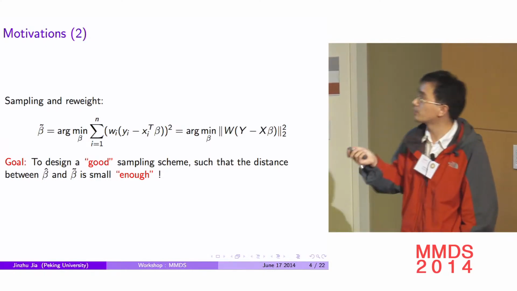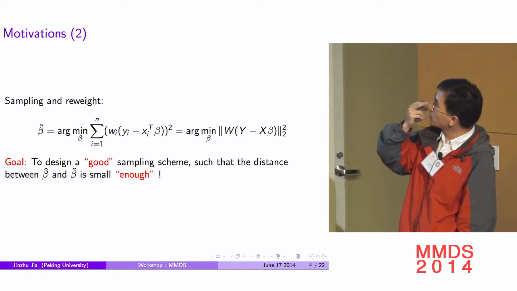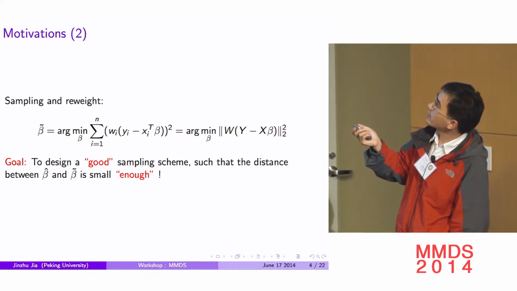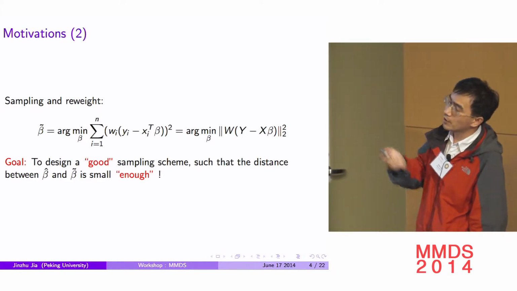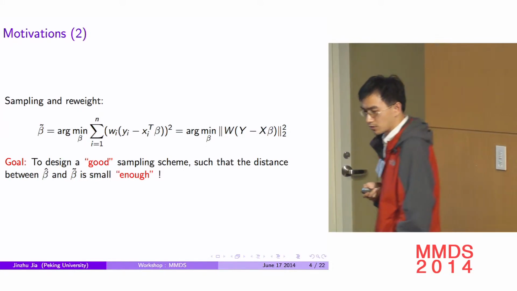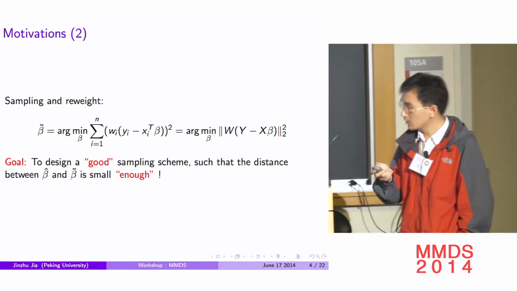So our goal is to design a sampling scheme W such that the solution of this sub-problem is very close to the solution of the original problem.